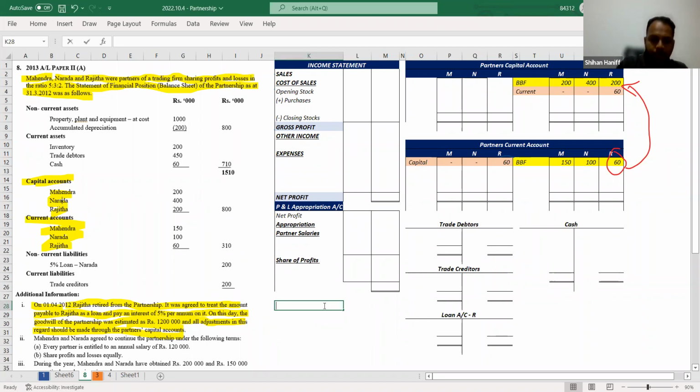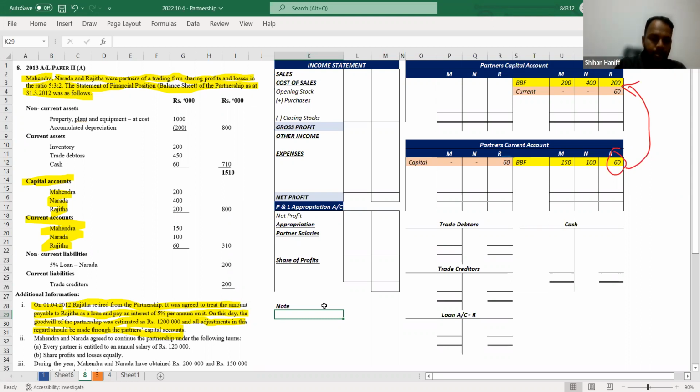You can write it as a note. Take the total goodwill amount and we have to adjust the goodwill in the capital account, right? So we have to credit old ratio and debit new ratio in the capital account, the profit sharing ratio.